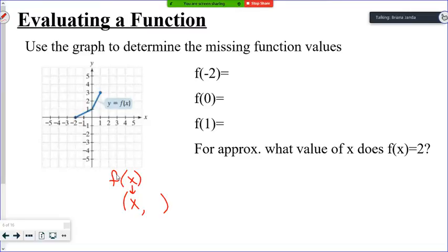So specific to that little blue line, it would be the ordered pair x comma whatever, or -2 comma something, and that something then becomes our answer. So go to that x value, scan up and down that vertical line of that x value until you run into the graph. And wherever you can put that dot on the graph that has that x value that they handed us, that's how you answer the question.